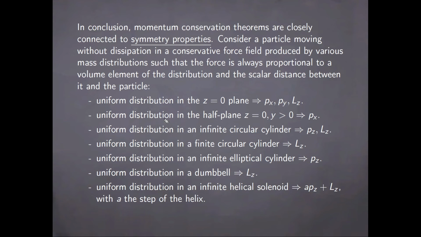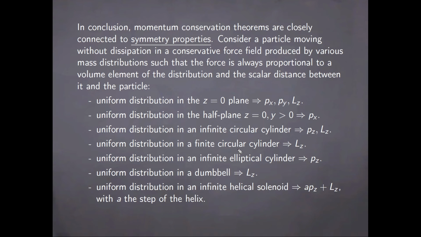Now, in the case of an infinite circular cylinder, assuming that the cylinder is oriented in the z direction, we can move parallel to the cylinder, and we can rotate about the symmetry axis of the cylinder, but obviously we would be breaking symmetry if we try to move in any other way.